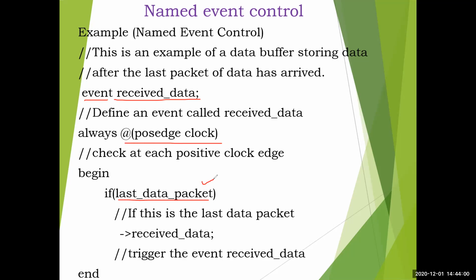If this is the first packet, it is a false statement, so it keeps continuing receiving the data. Once it has received the last data packet, then trigger the event received_data. To trigger that event, this is the symbol used here. So this is about the named event control. Clear? You can give an event name and control execution on that.